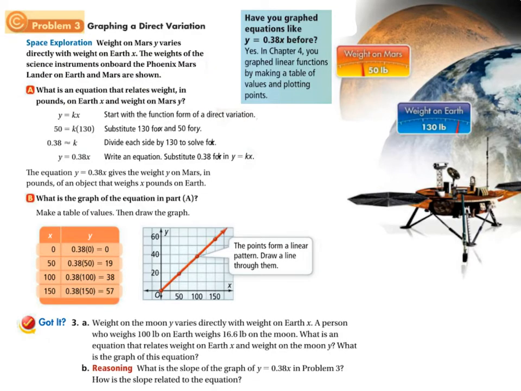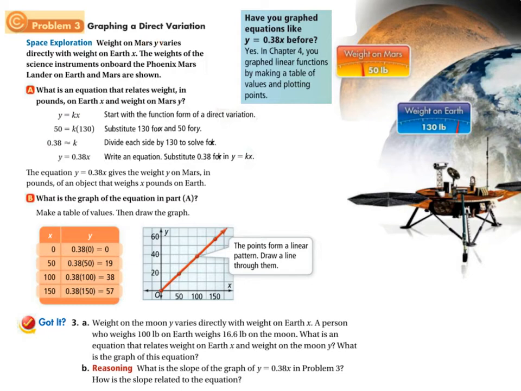Okay, so I'm going to move quickly through this. First of all, they're telling us the weight on Mars varies directly with the weight on Earth. With y varies directly with x, it's one of these situations. So if we wanted to write the equation where we knew what k was, we can do y divided by x.